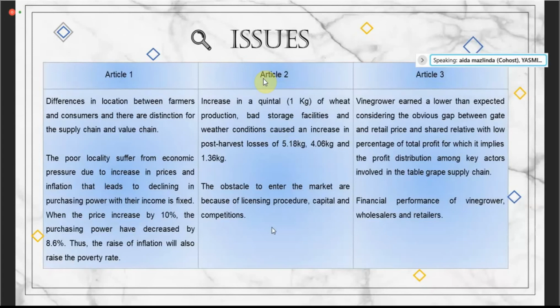Madam, dia ada problem dengan licensing procedure. Okay. Problem licensing. Ni kat mana ni?